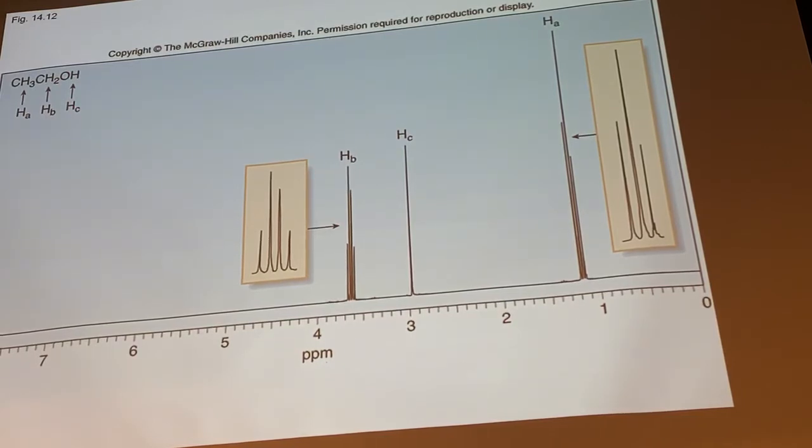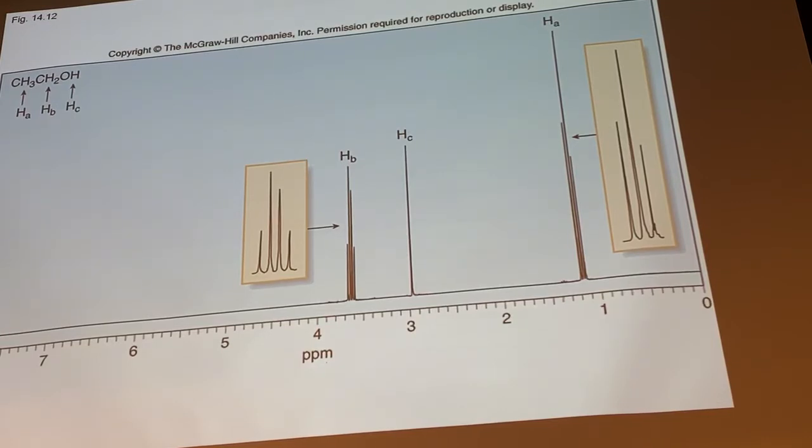So the consequence is that an individual proton attached to an oxygen does not remain on a single molecule long enough for its neighbors to feel the impact of its nuclear spin state. So when you have OH or NH protons, because they're rapidly exchanging from one molecule to another, their neighbors do not feel the impact of their different spins.